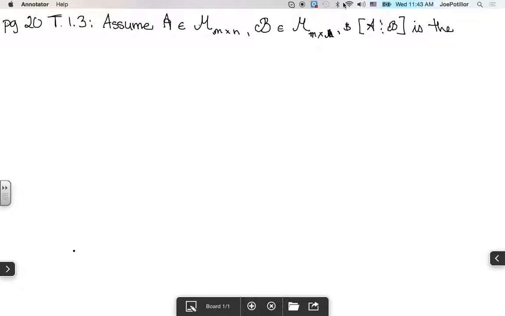Well, for this theorem, I think it's 1. So, is the augmented matrix of a linear system?